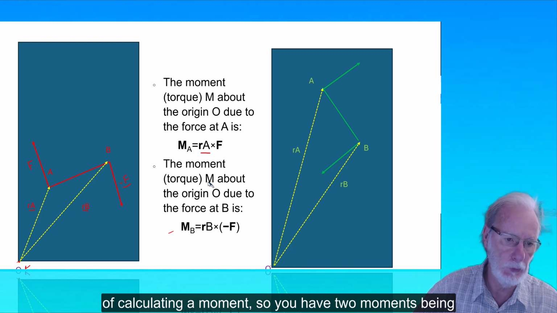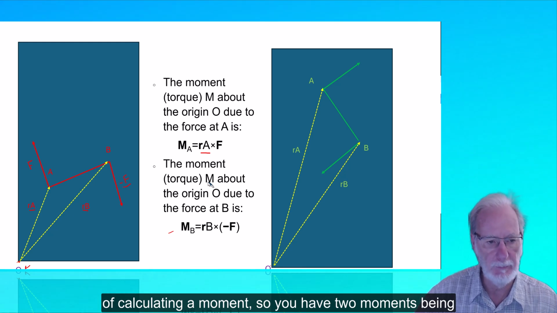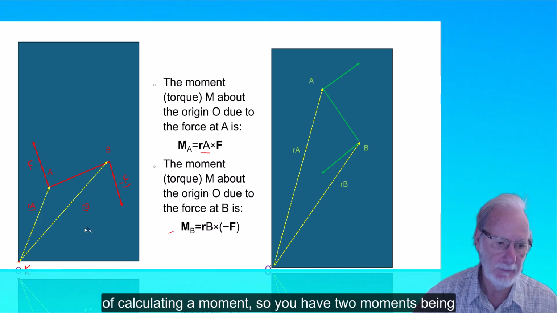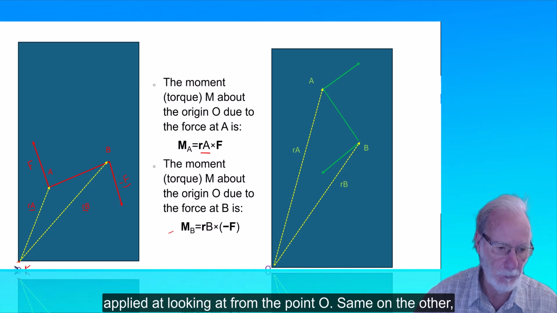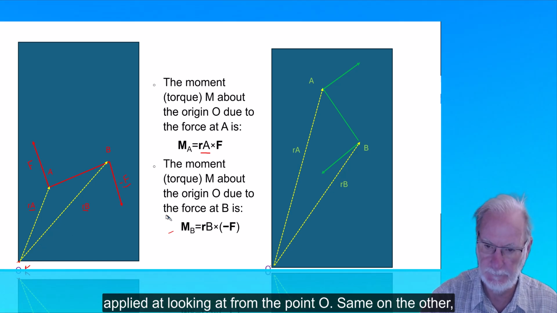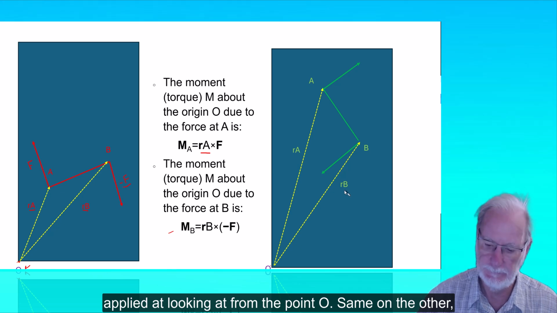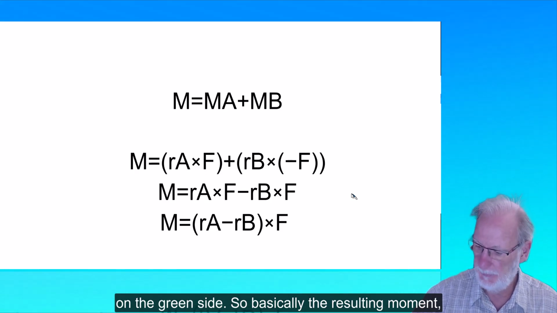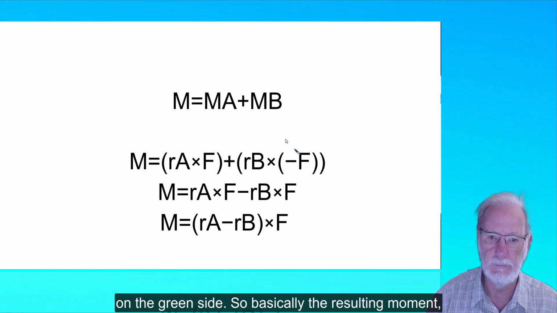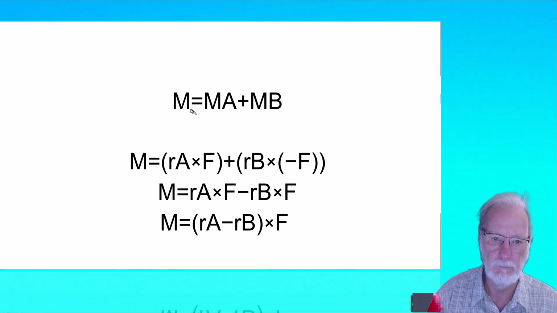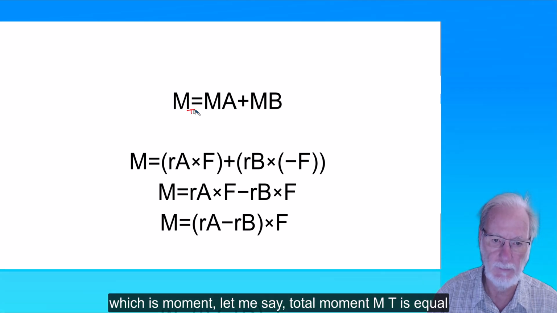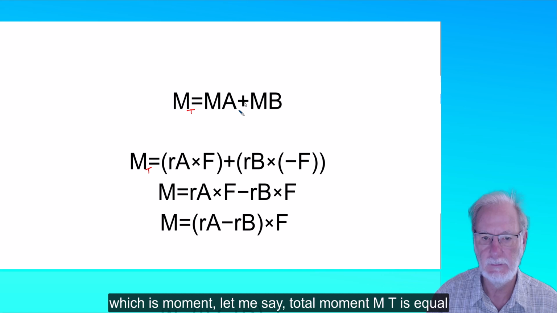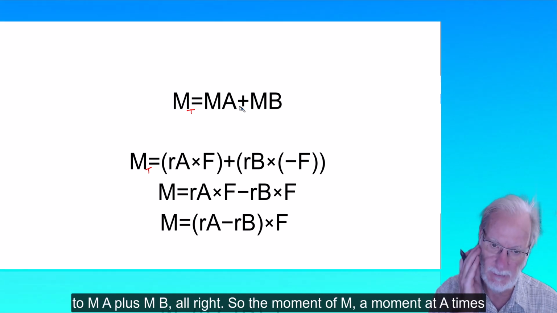So you have two moments being applied, looking at it from the point O. Same on the green side. So basically the resulting moment, I would say the total moment, MT, is equal to MA plus MB.